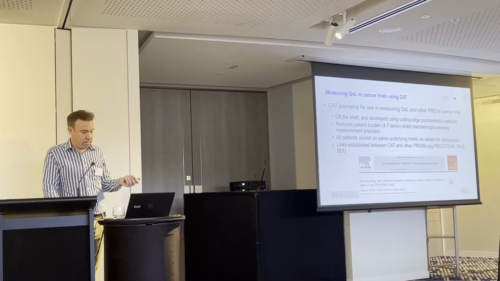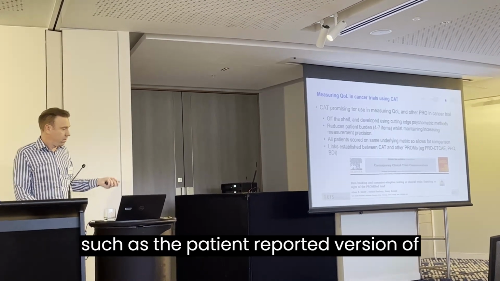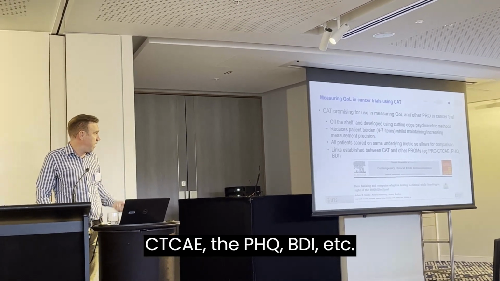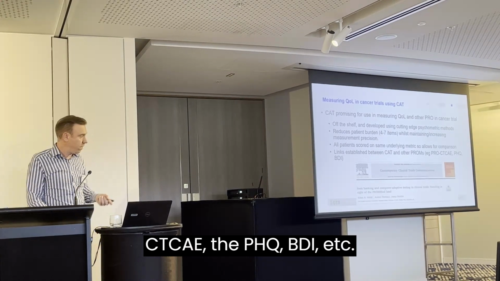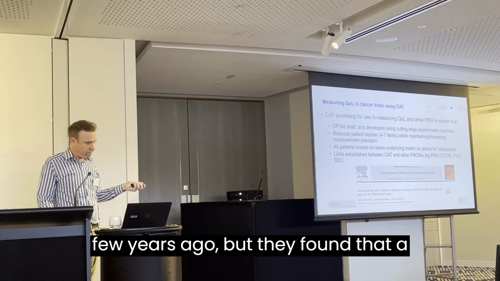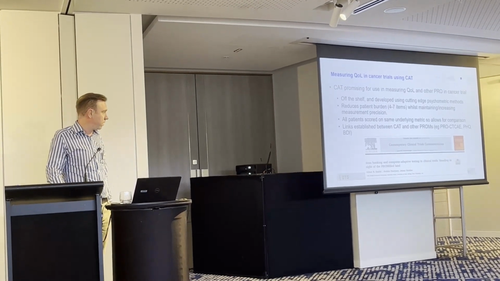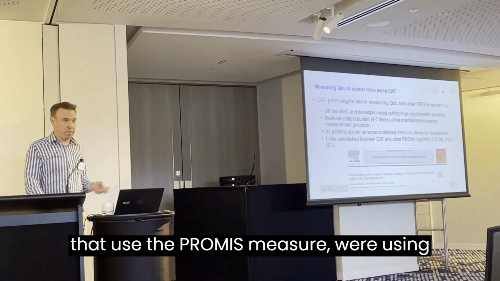There are already links established between computer adaptive testing systems and other PROMs such as the patient-reported version of CTCAE, the PHQ, BDI, etc. The reference at the bottom is from a few years ago, but they found that a quarter of the studies on clinicaltrials.gov that used the PROMIS measure were using the CAT system, and that has grown since.